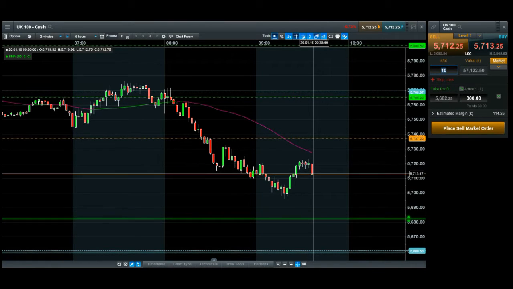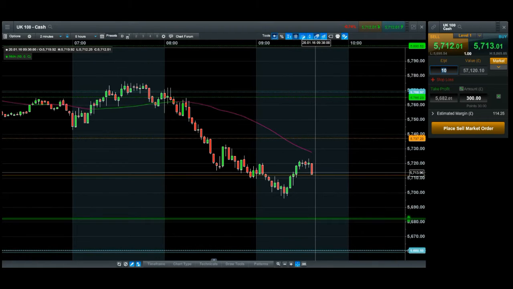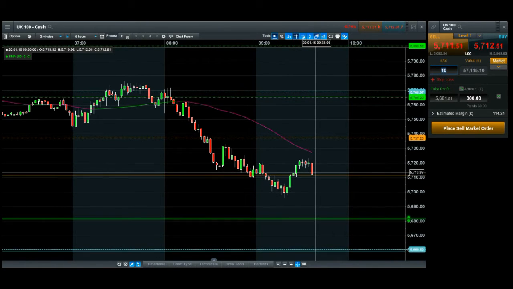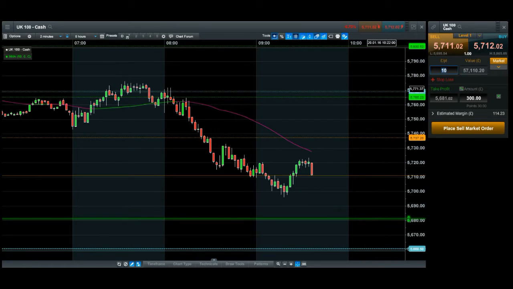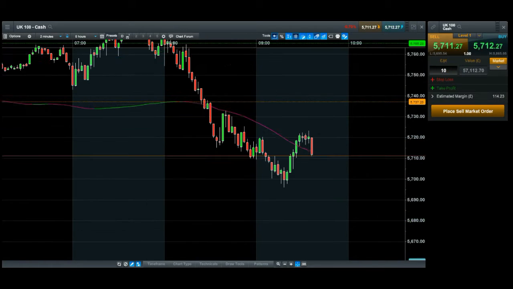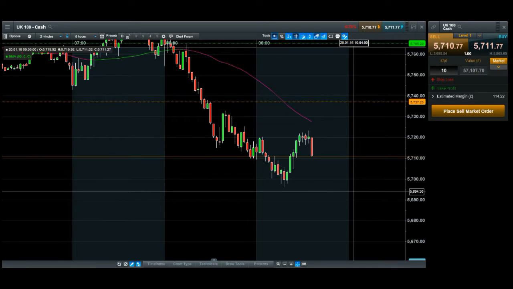If this candle remains an engulfing candle at 2 minutes, that will be a signal for me to go along to sell. I'm doing a 10 stake per pip. I'm going to take away these profit zones because when you're trading in such a short time frame, there's not really a need to estimate where the profit take is.